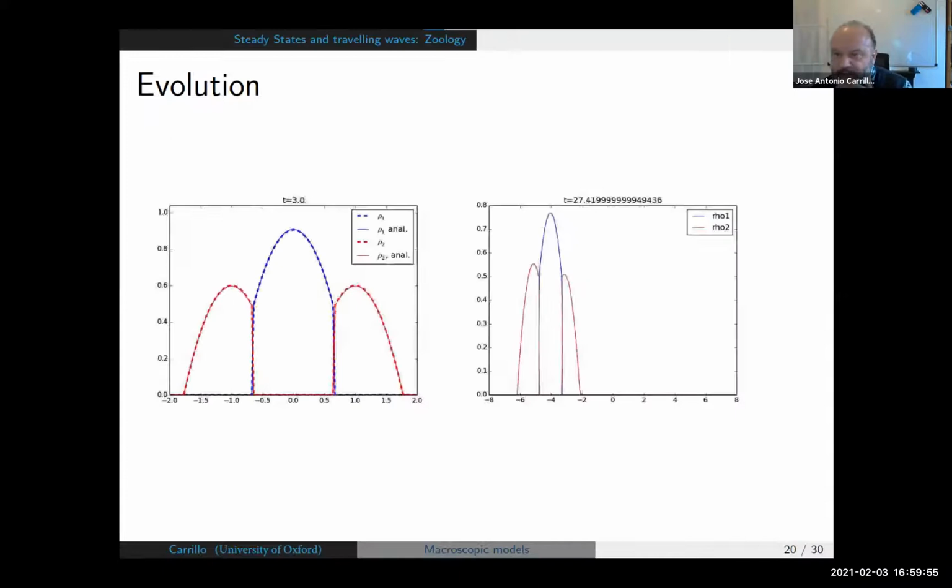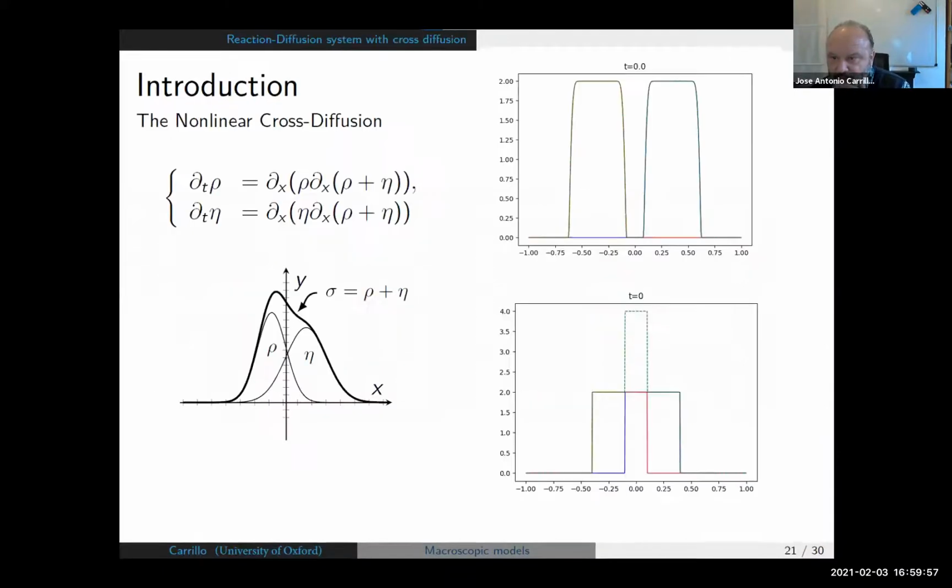Let me just mention that in fact this is already present even in the simplest case, when you don't have any interaction. So when you have no local interaction, only the population pressure, this very simple model has a very easy way of being solved, which is to add them.